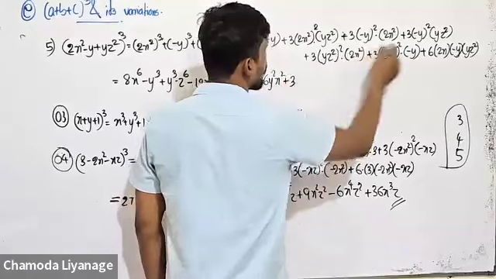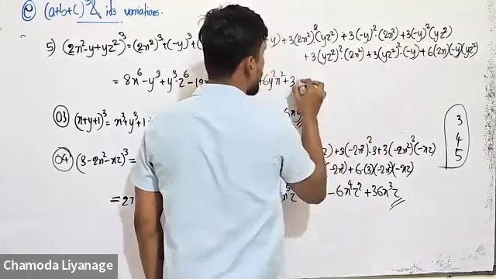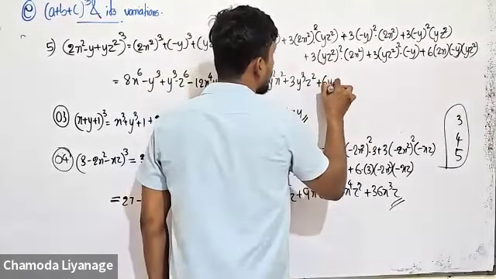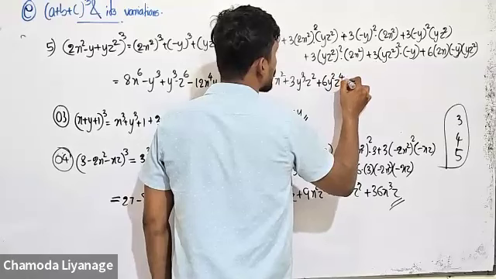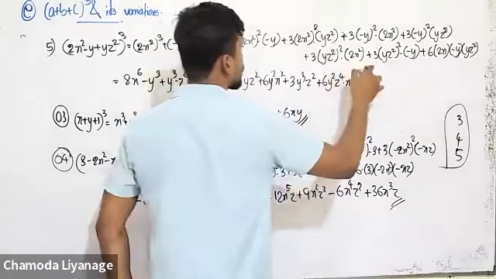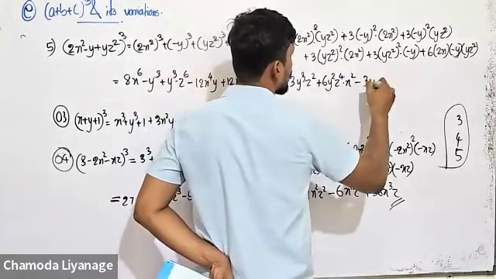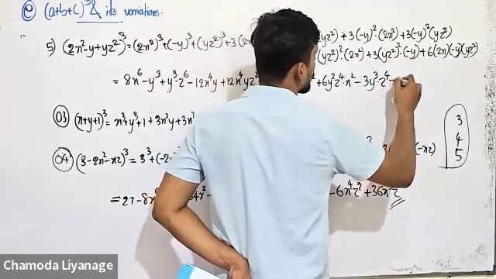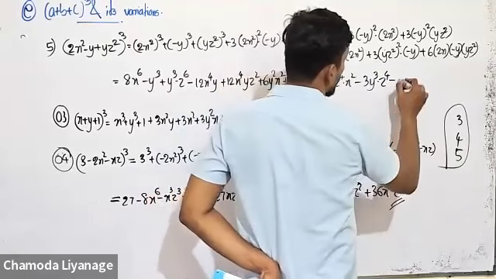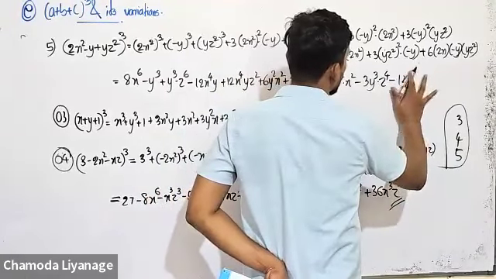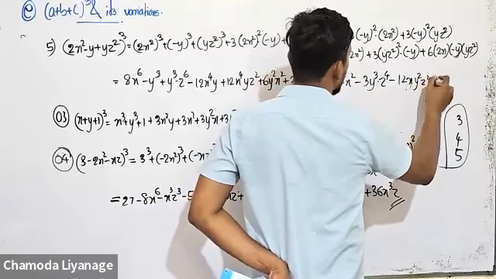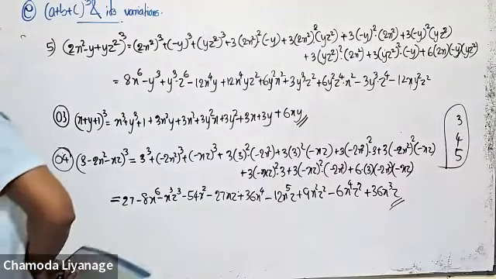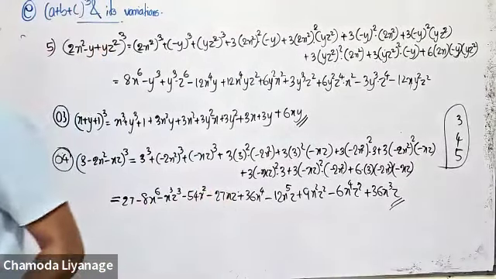Here plus 3 y squared into y, so y cube into z squared. Here you will get 6 y squared z to the power 4 x squared, minus 3 y squared into y cube z to the power 4, minus 12 x into y squared into z squared. So that's it, right?